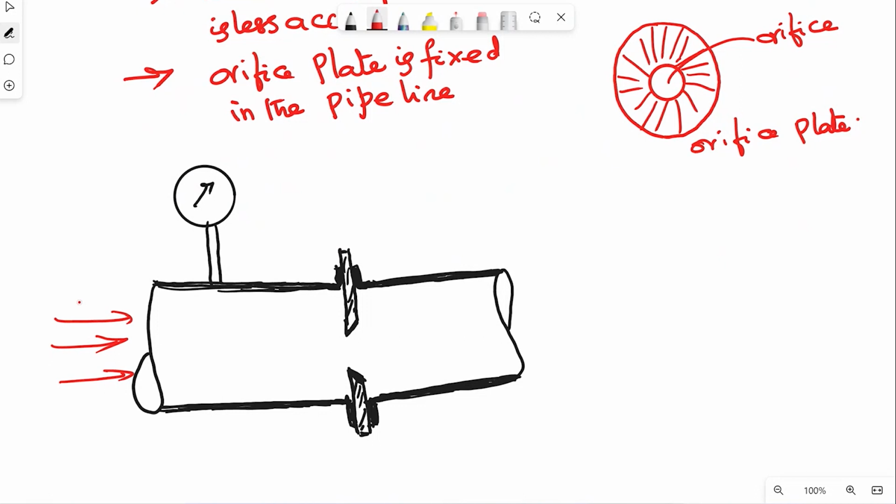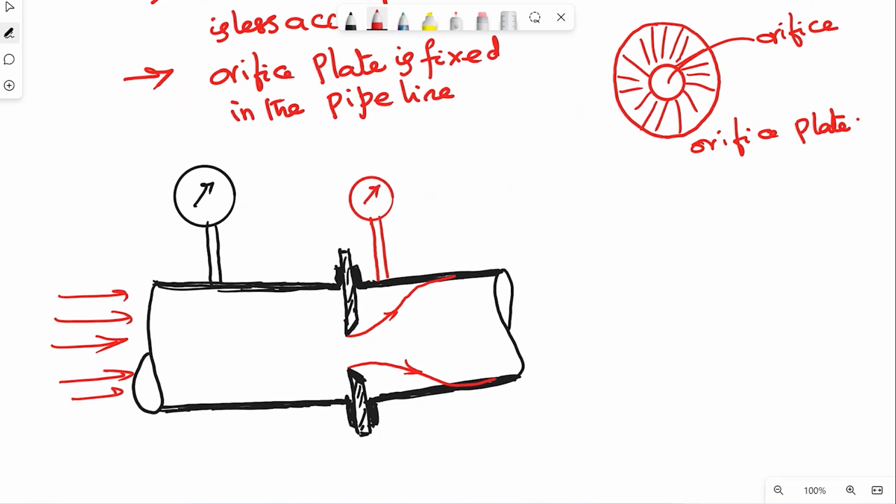This is the red marking, the flow line, so this is how the flow takes place. Now we measure not at the orifice plate, but at some point near the orifice plate, the pressure. This is the second gauge.